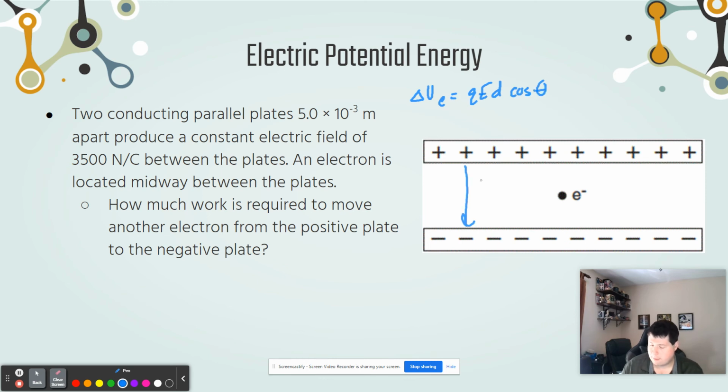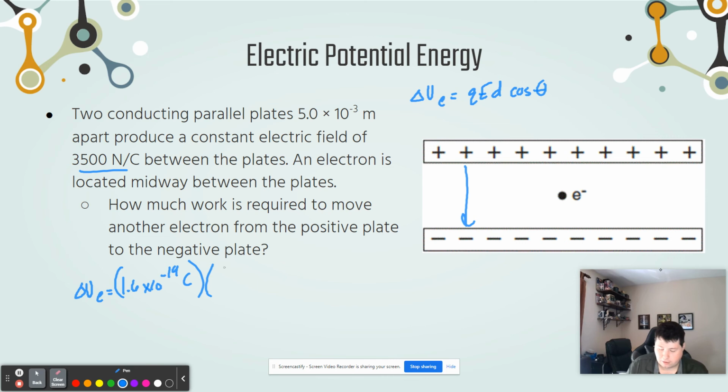I just need to consider, if I'm moving that electron, what do I plug in for all of these values? Well, the first one that kind of trips us up is q. q, remember, is the charge of the object. And if I'm thinking about an electron, I have to remember that the elementary charge, 1.6 times 10 to the minus 19th, is my q for an electron. So my q would be 1.6 times 10 to the minus 19th coulombs.